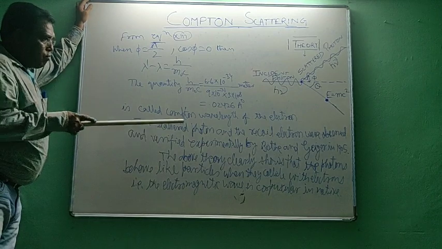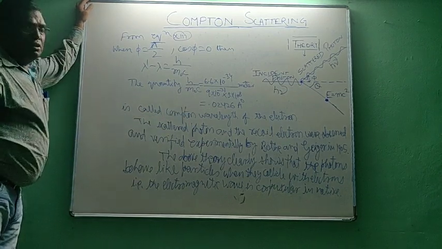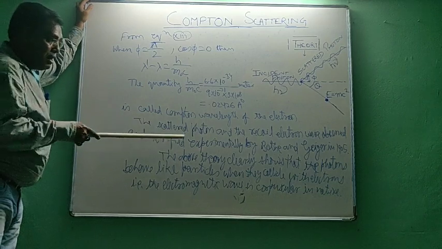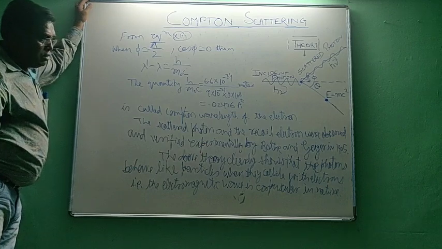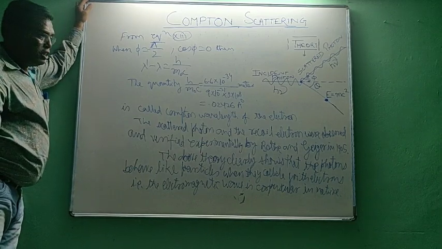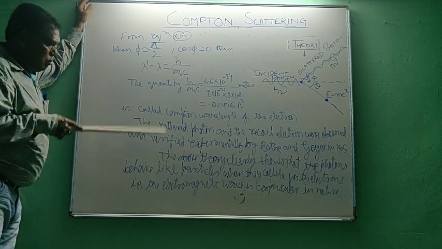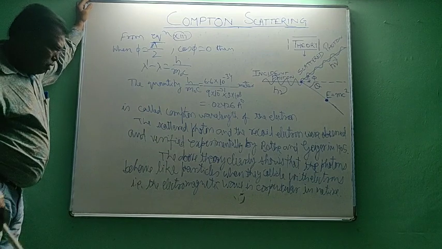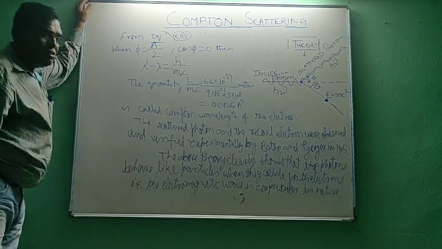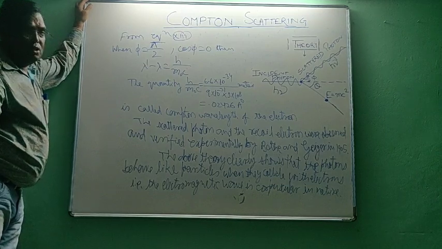The scattered photon and the recoil electron were observed. These two were observed and verified experimentally by two other scientists, Bothe and Geiger, in 1925. The above theory from the beginning clearly shows that photons behave like particles when they collide with electrons.